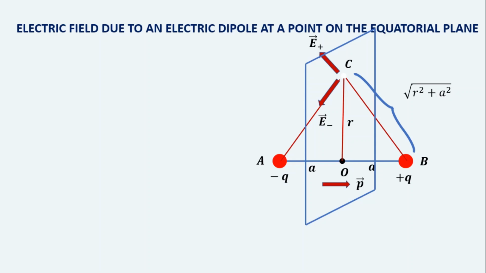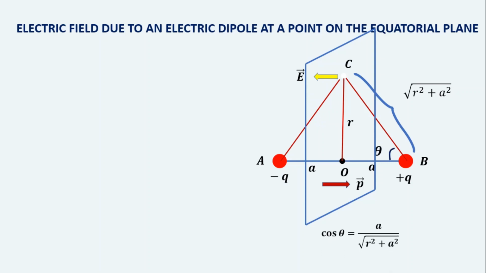We resolve these two vectors and find the resultant, which is acting along the negative x-axis, opposite to the P vector. We call it E vector, which is nothing but the electric field intensity at C on the equatorial plane.